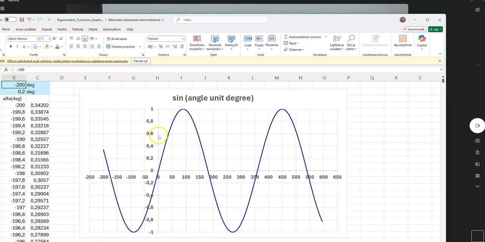So in this picture there is 0.6 and 0.8, there is 0.7, 0.65 is about there. If we go through the horizontal line starting from that point, it will meet the sine curve there, and from the picture you probably can see those coordinates that this Excel gives us.